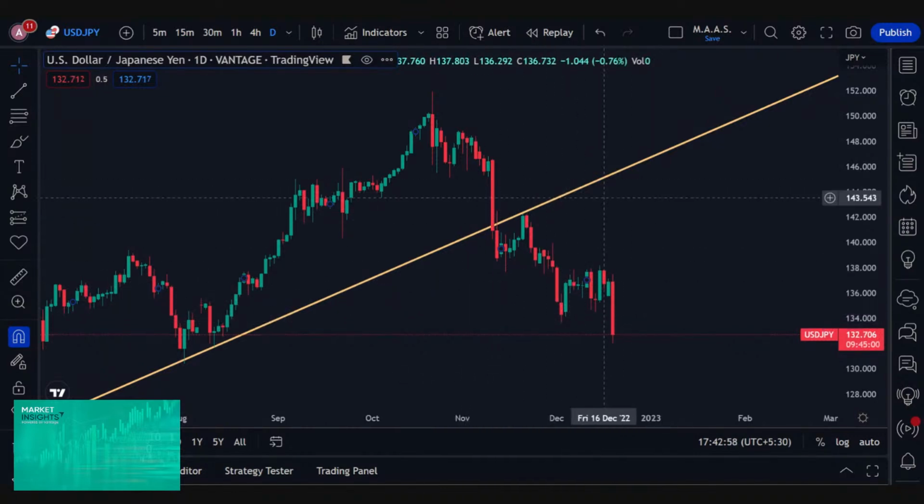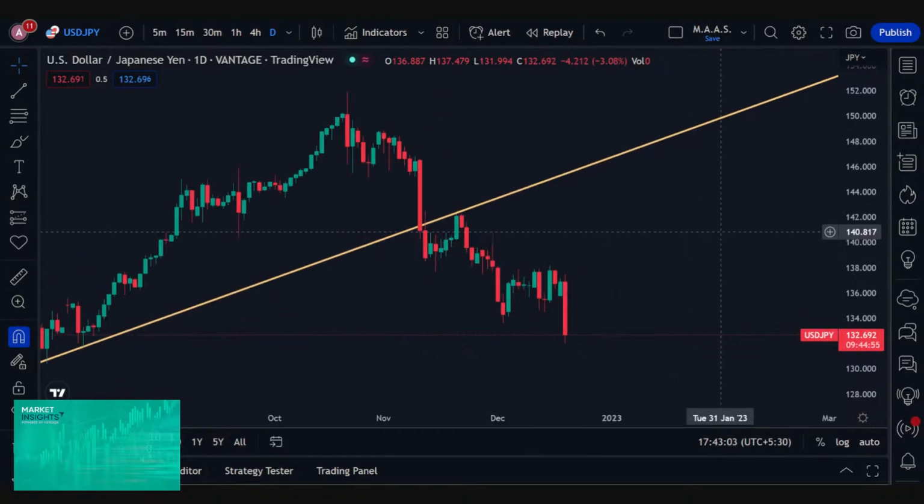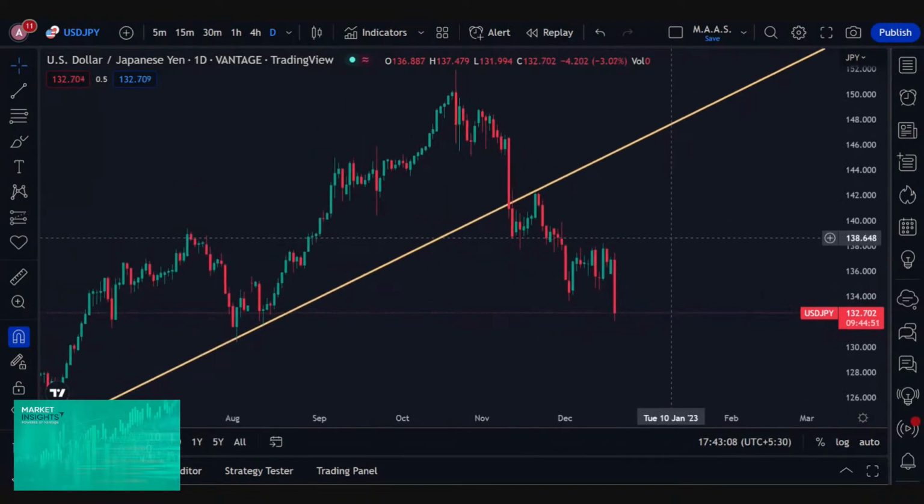So this is the power of the trend line that we had drawn in the previous live sessions, and it has worked out to be absolutely critical to the movement of this pair.